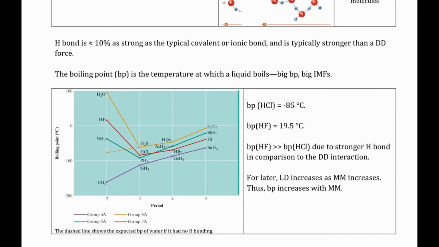The green data is for group 5A, the group involving nitrogen, phosphorus. The orange data is for the group involving oxygen, sulfur. And lastly, the red data is for the halogens.